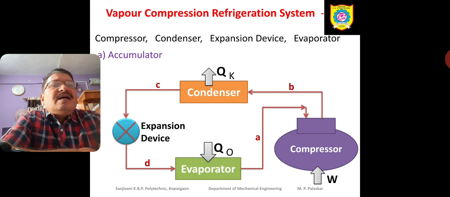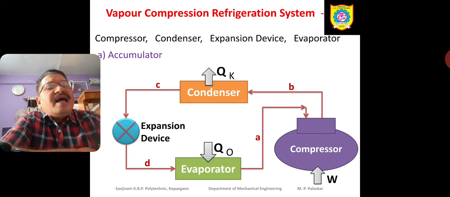Sometimes liquid refrigerant which is not able to get evaporated in the evaporator may try to enter the compressor, and this will damage the compressor. So to avoid this, in a few applications we use an accumulator between the evaporator and the compressor, so that the liquid refrigerant gets accumulated and only vapor refrigerant is allowed to enter the compressor.